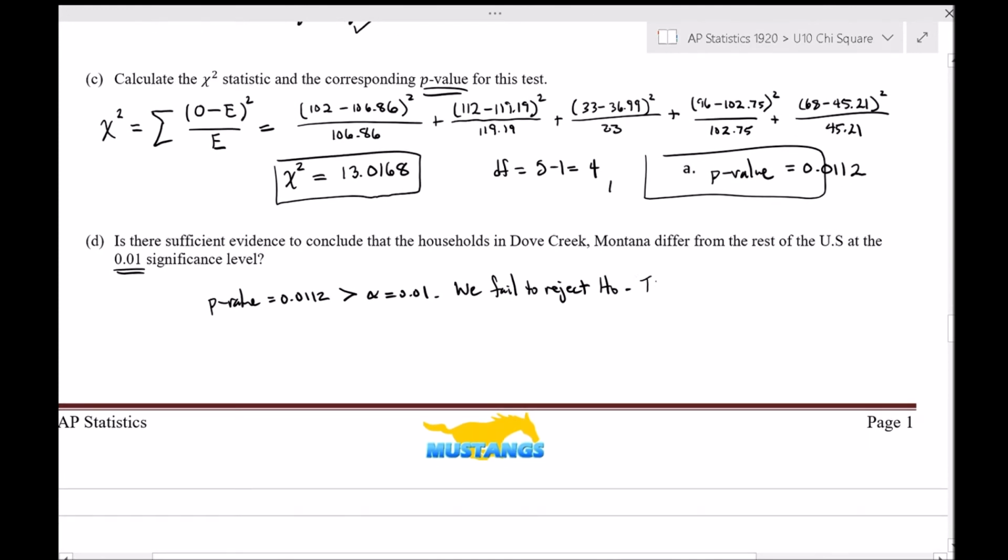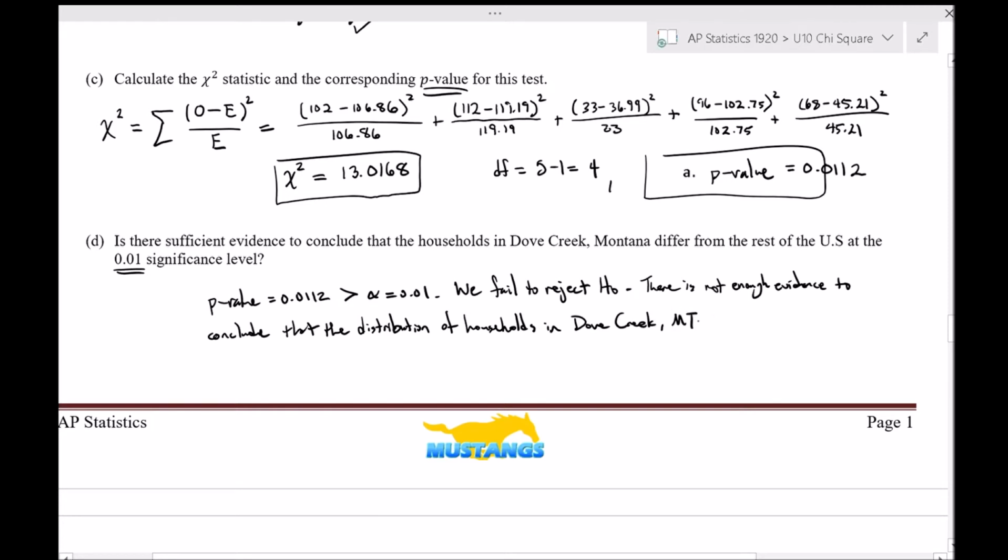So there's not enough evidence, there is not enough evidence to conclude that the distribution of households in Dove Creek, Montana differs from, and I'm going to be lazy here, from that of the rest of the United States.